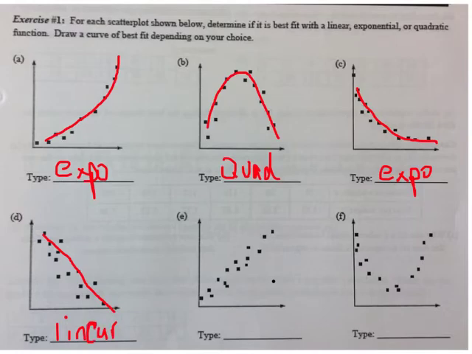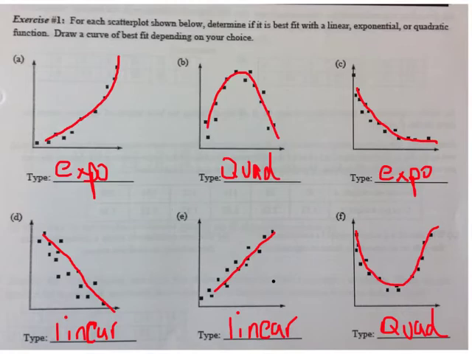E is another linear, which has a positive correlation. And my F should be my quadratic. Should be easy enough to decipher between the exponential, the quadratic, exponential, and linear functions in these examples.